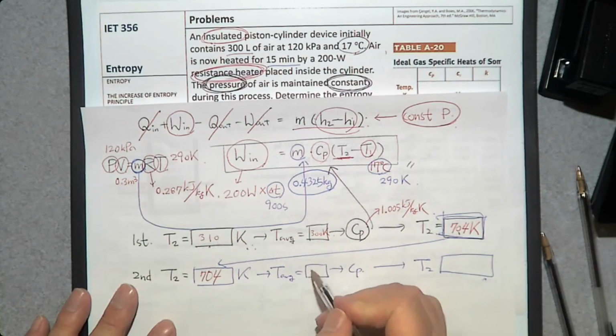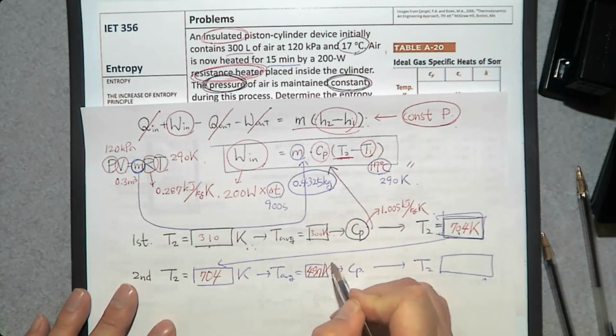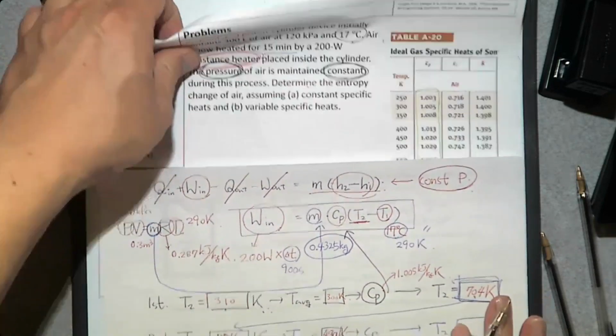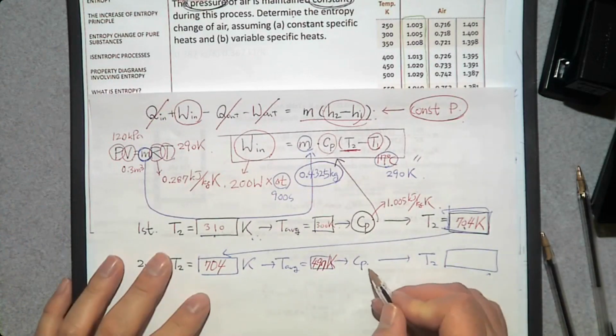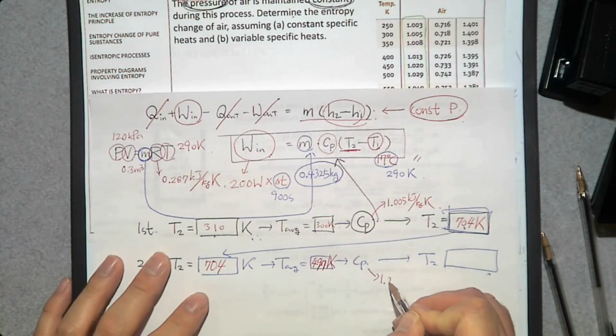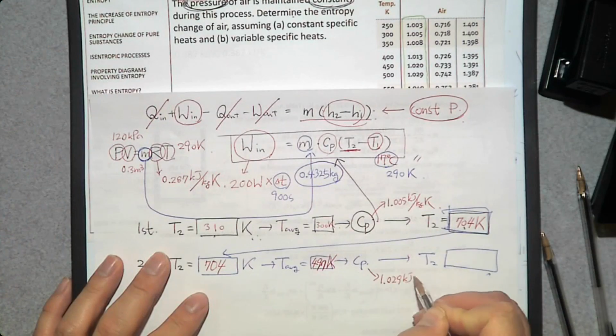So 497 Kelvin is the average temperature. Then, do we have specific heat at this temperature? Yes, at 500 Kelvin, specific heat is going to be 1.029 kilojoule per kilogram Kelvin.